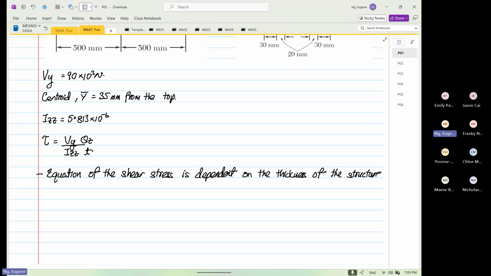I'll elaborate on what I mean by the thickness of the structure.